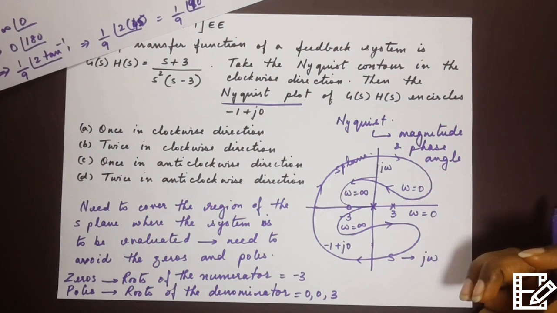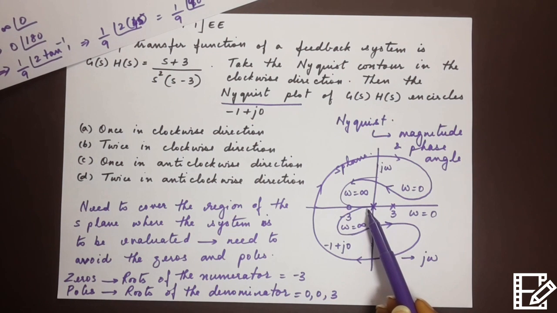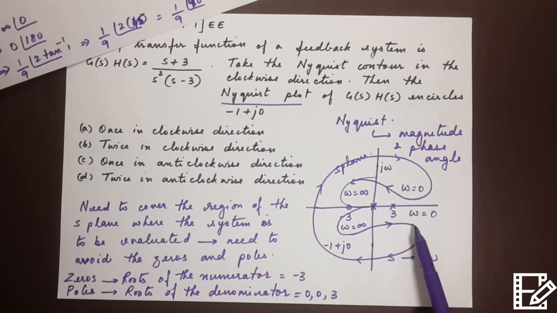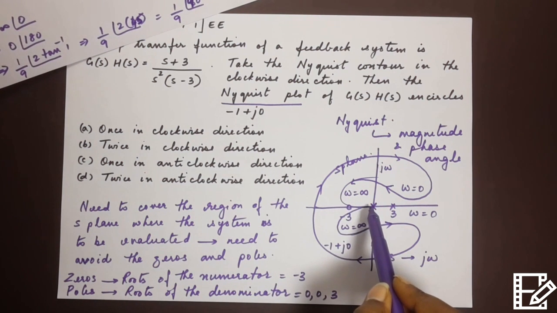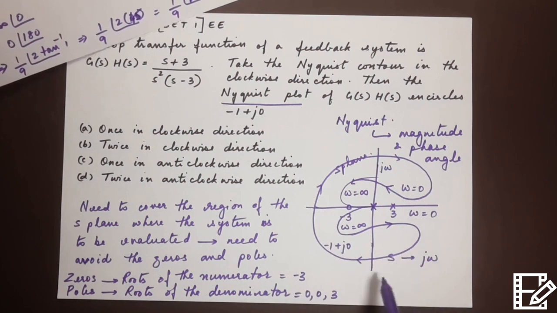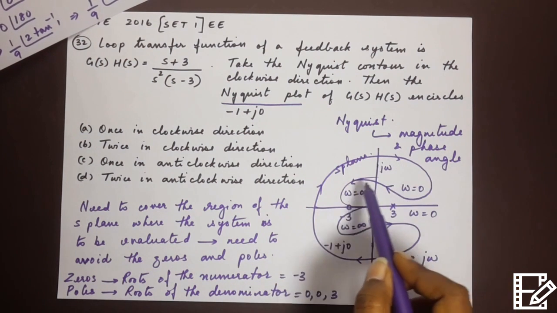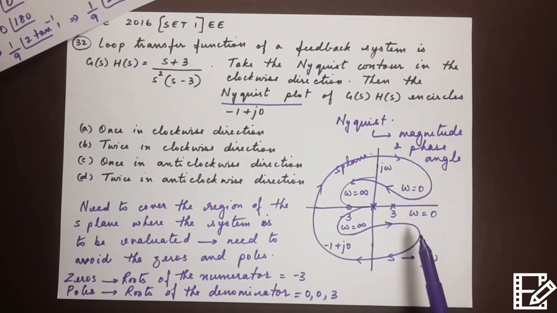The plot starts from 0 and goes in the clockwise direction, and because it is symmetric, the flow of the plot stops where it starts, which means it encircles only once, it cannot encircle again.